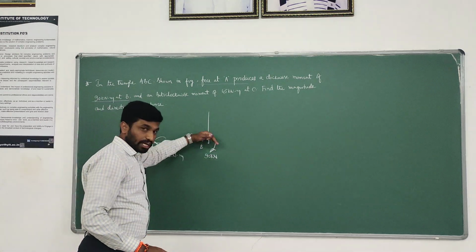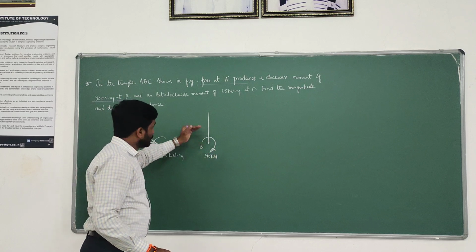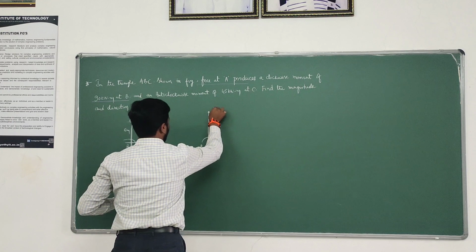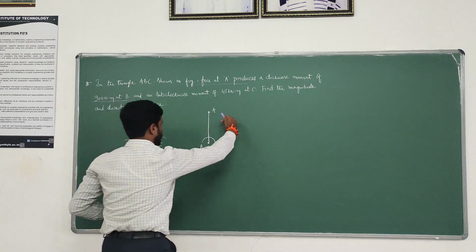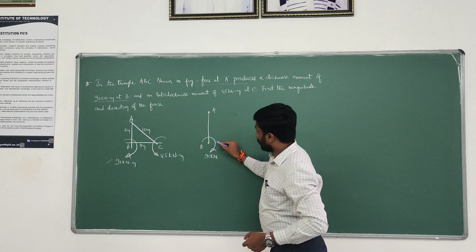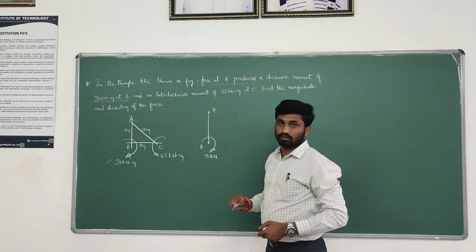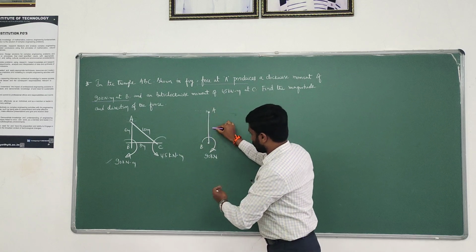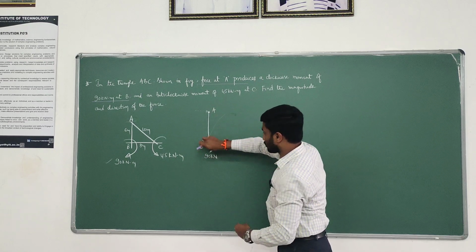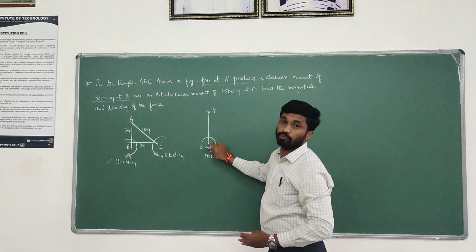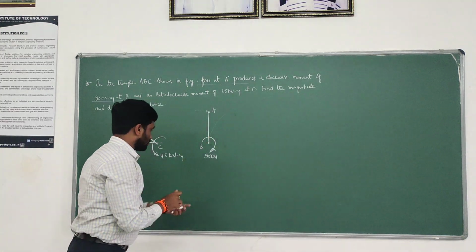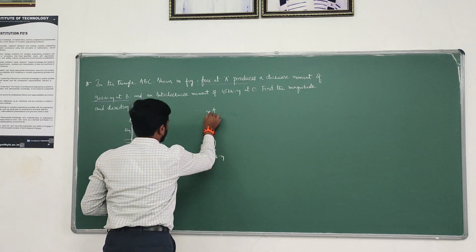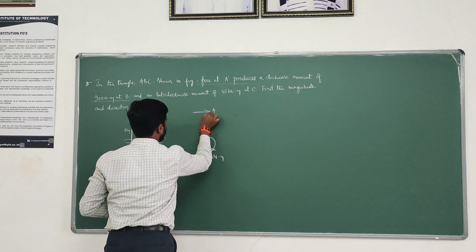If it is rotating in the clockwise direction, which type of force do I have to apply at point A? If you apply force in this direction, it will rotate in the anti-clockwise direction. Similarly, if you apply force in this direction, it will swing in this direction, so it will create a clockwise moment at point B. So to create this 90 kilonewton meter of moment, we should apply force in this direction.